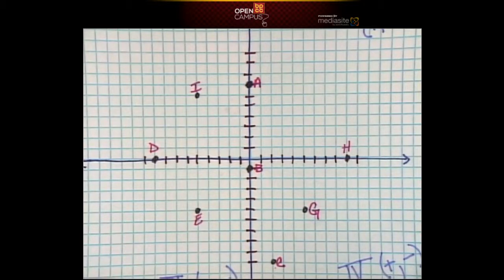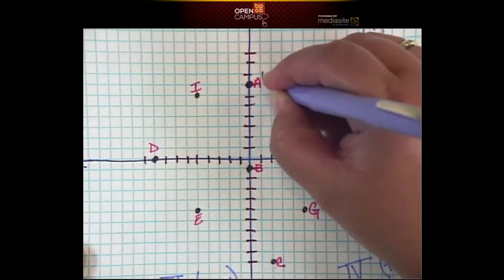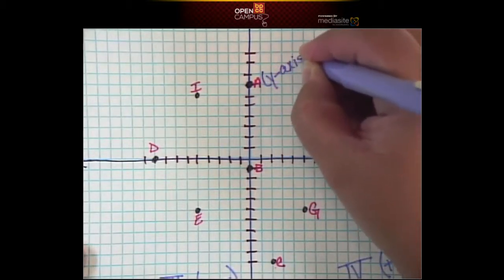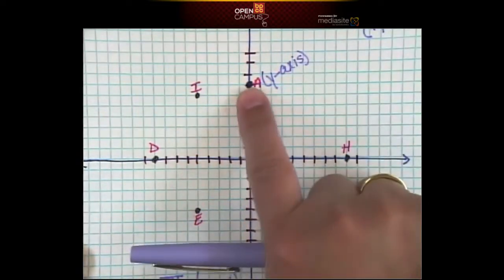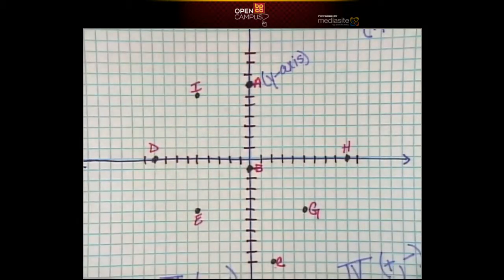You have to remember which way it goes, horizontal or vertical. Right, the y-axis. So we're going to say that point A is on the y-axis, because you cannot take that point and split it and say half of you are over here and half of you are over here. You can't have that in quadrant 1.5. So it's on the y-axis.